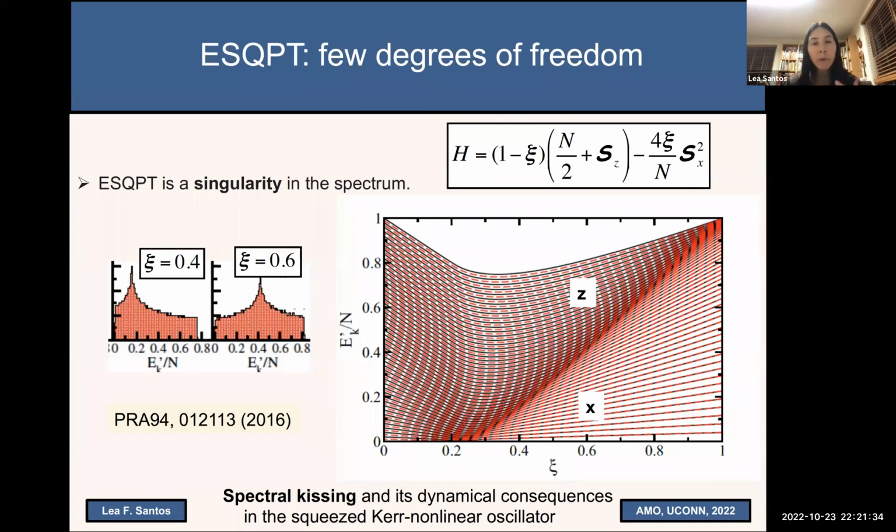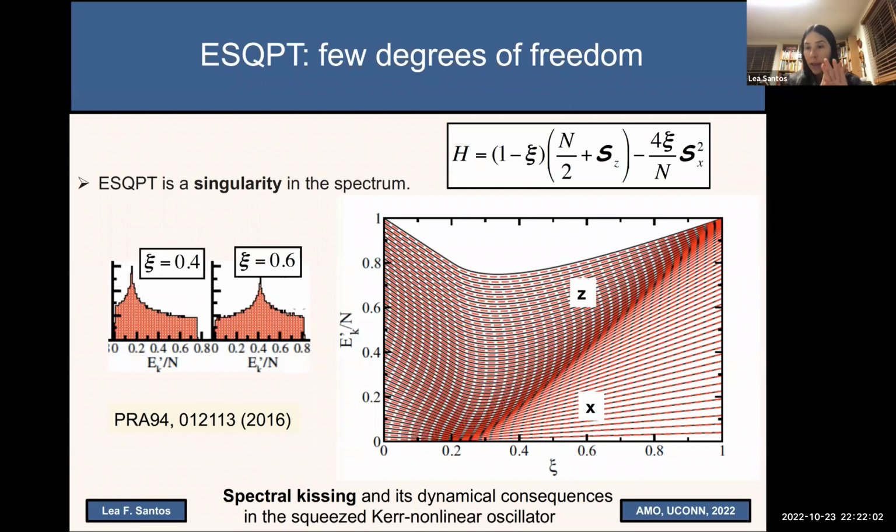For example, if you think about the Dicke model, which is a model with 2 degrees of freedom, instead of seeing this divergence in the spectrum, you see it in the derivative of the spectrum, okay? But up to now, we have covered the first term of the title, spectral kissing, which is the merging of this pair of adjacent levels that happens along this line of the ESQPT, excited state quantum phase transition.